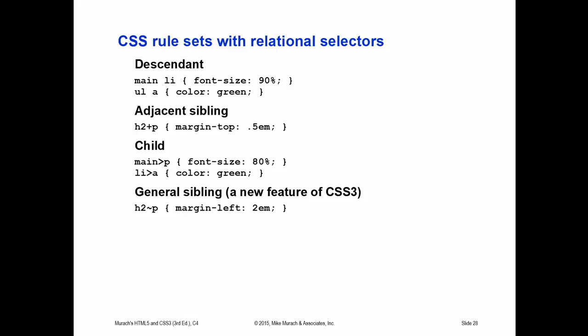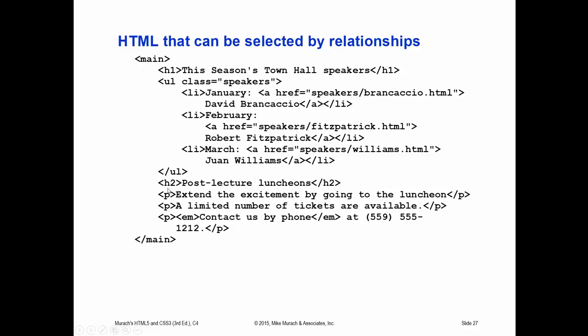The next group is the adjacent sibling selector, and they're at the same level. For instance, H1, UL, H2, and P, all of these are siblings. They're all at the same level as one another.